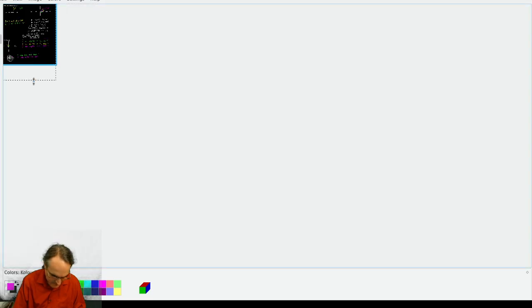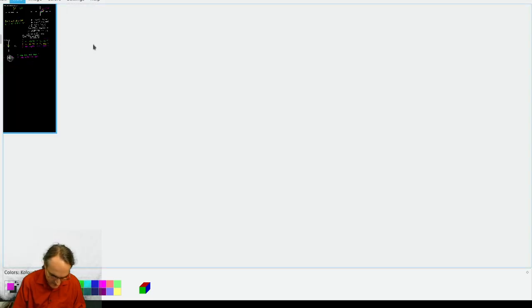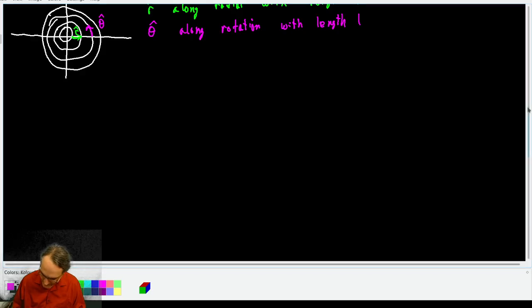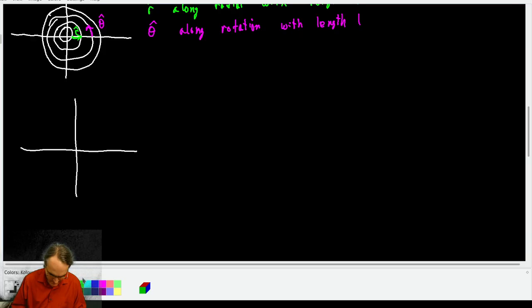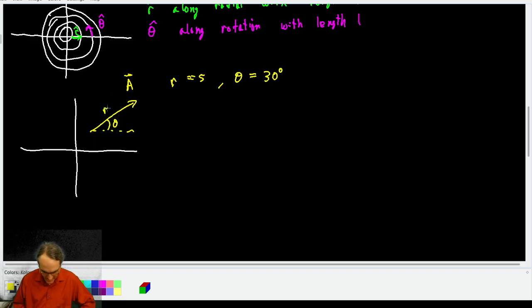We just want to get down to a bit of business with what we can do with these vectors. So here's what you can do. Let's say we have some vector A, and we're told that it has a magnitude of 5 and a direction that is 30 degrees, which means relative to horizontal, this angle would be 30, and it has a length of r.